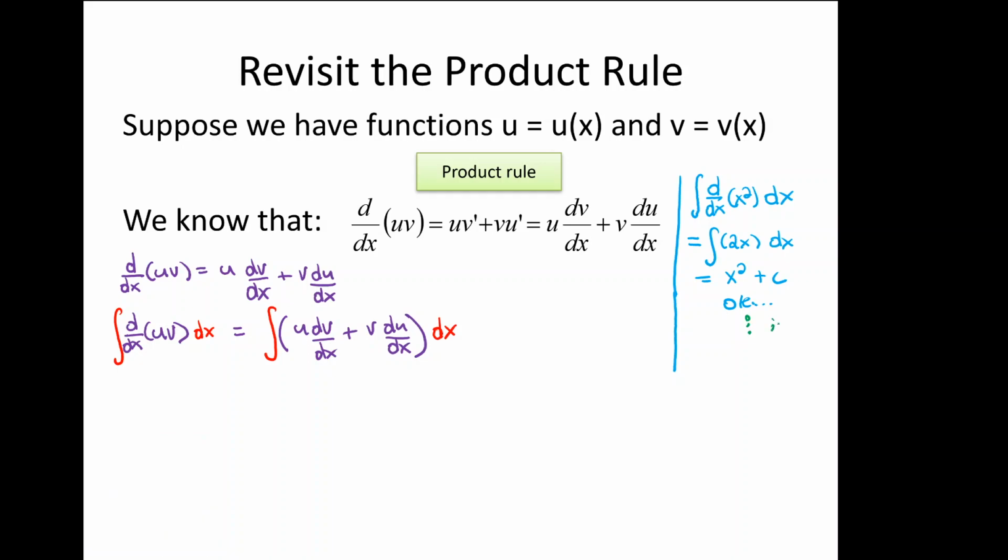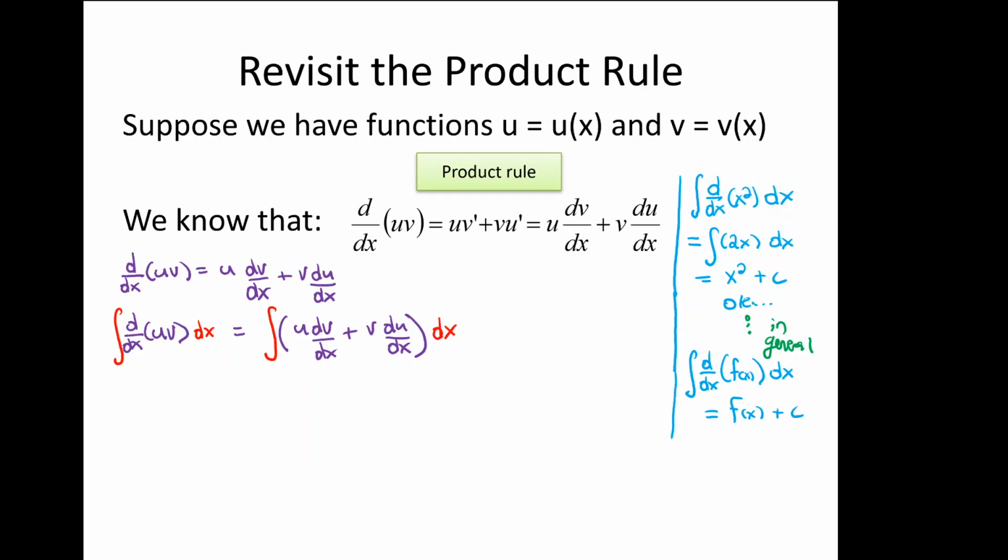So in general, the antiderivative of the derivative of some function, which I'll call f of x, is going to be f of x plus c, because the derivative does an operation to the function. The antiderivative is a different operation. It undoes what the derivative did. You get a little bit of extra, you get a plus c, as we always get with indefinite integrals.